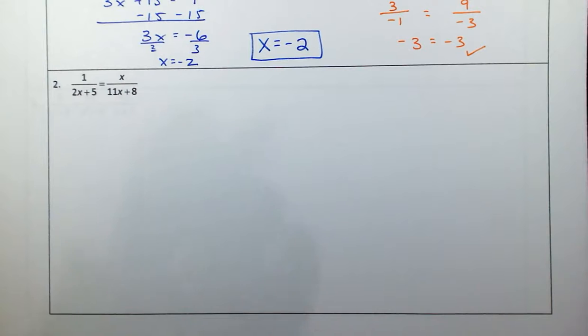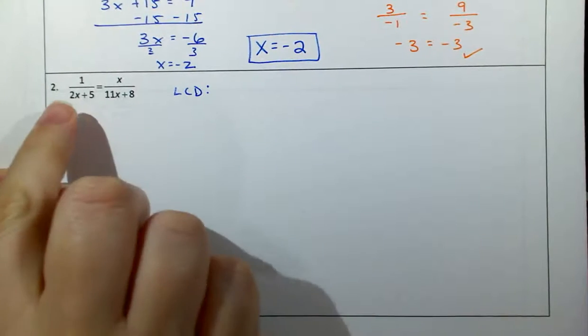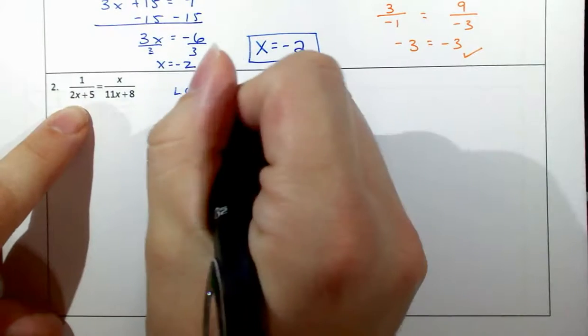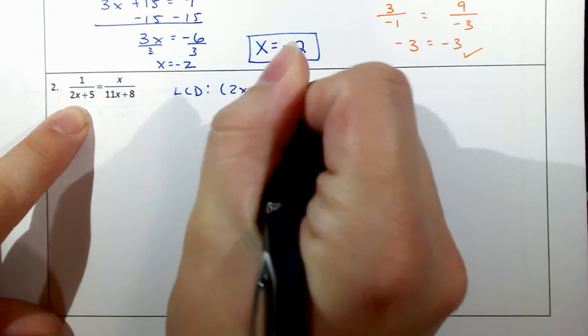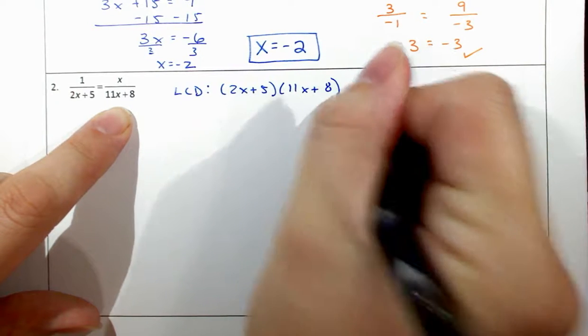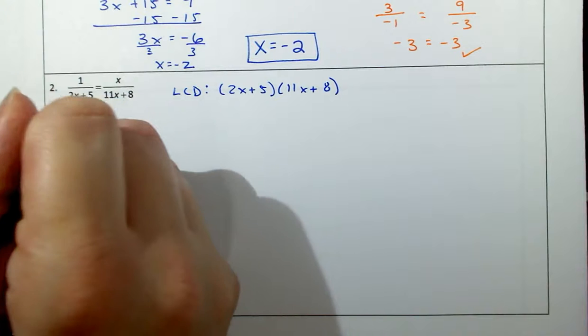So again, it's an equals. The first thing we're going to do is find our least common denominator. So I'm going to make sure my denominators are factored, and they are. So notice 2x plus 5, I need that guy, and then I also need 11x plus 8. So we're going to multiply both fractions by this LCD.